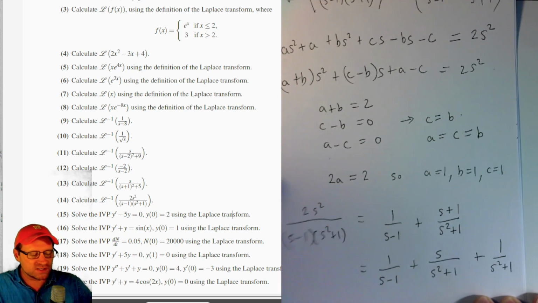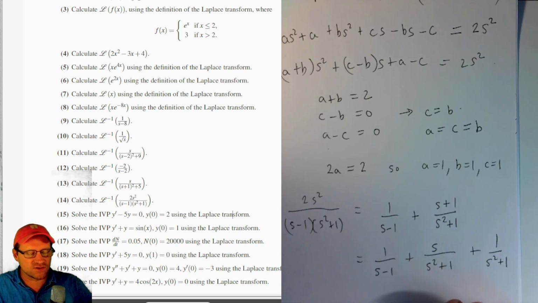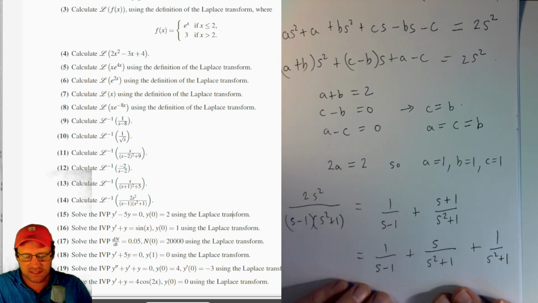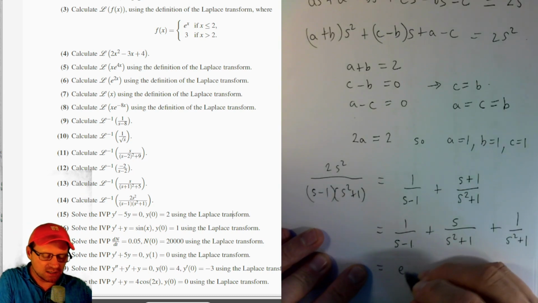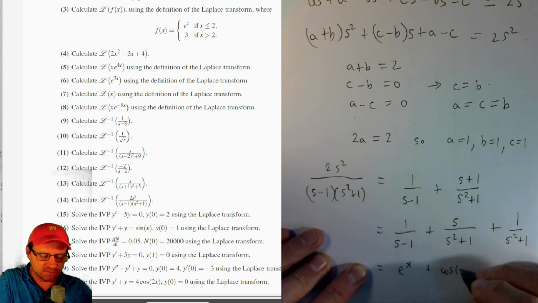So now if we take the inverse Laplace transform of this, it's easily possible. For this, we should get e to the x. For this here, we should get cos of x. And for this, we should get sine of x.